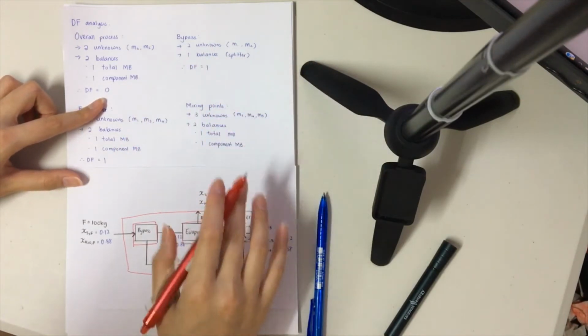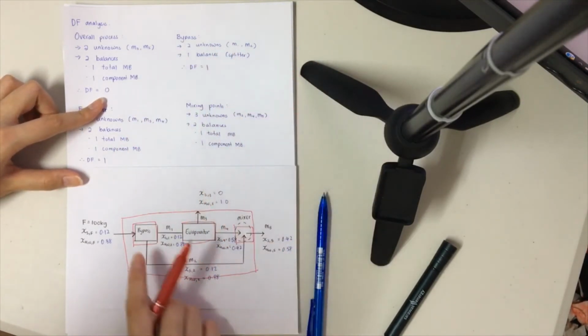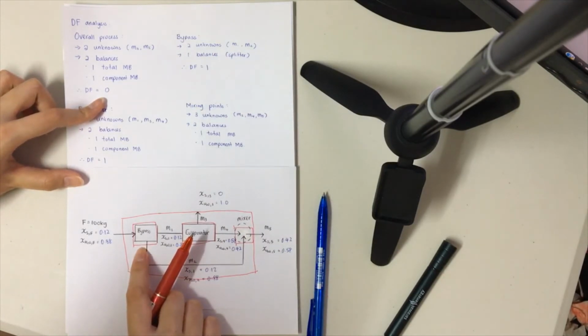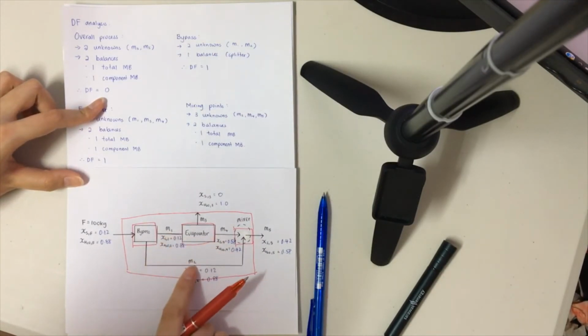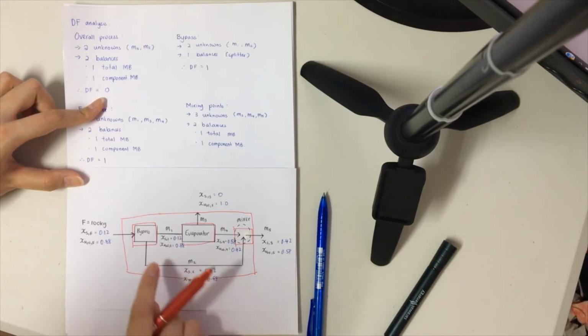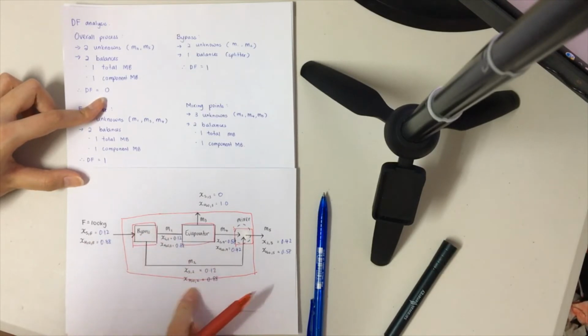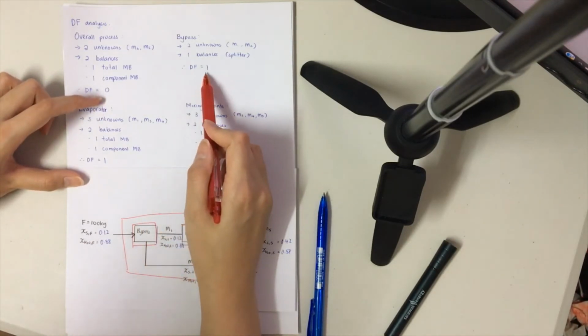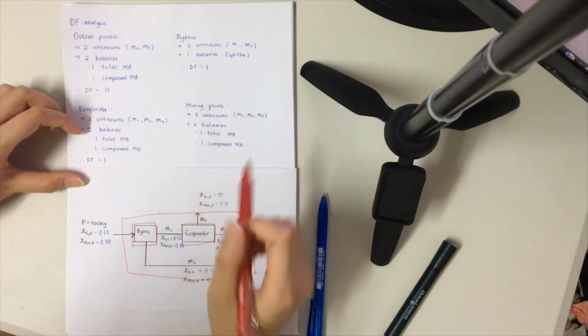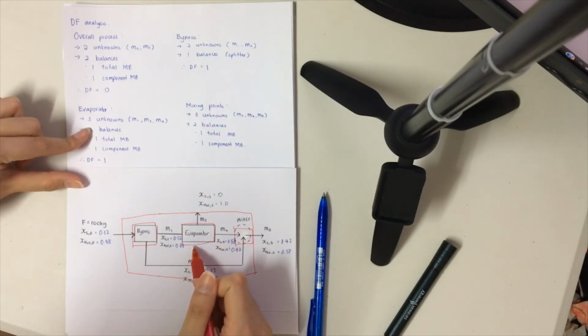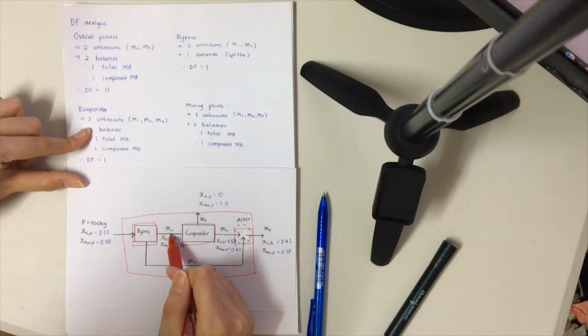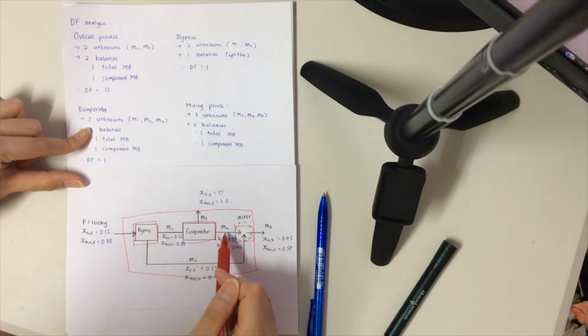For the bypass, we have 2 unknowns, which are M1 and M2, and 1 balance, because it is a splitter, so the concentration is the same. Therefore, your degree of freedom would be 1. For the evaporator, we have three unknowns, which are M1, M3, and M4.